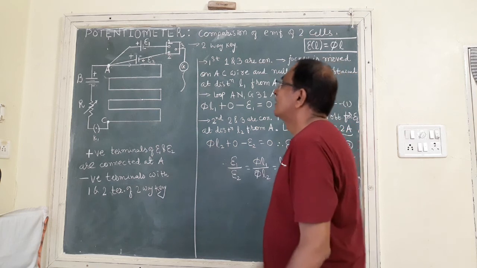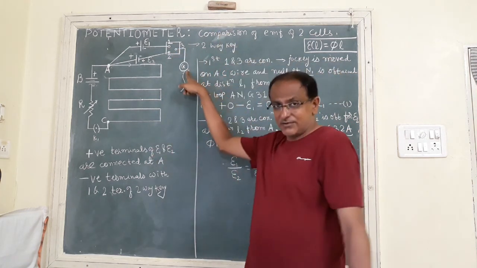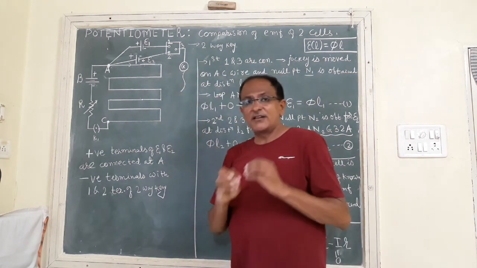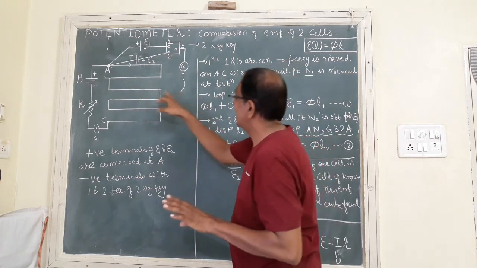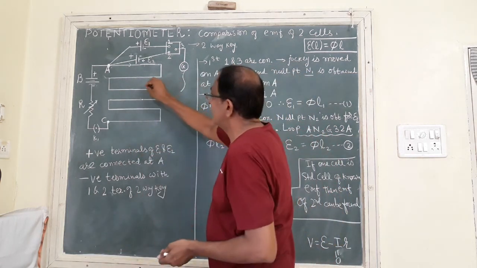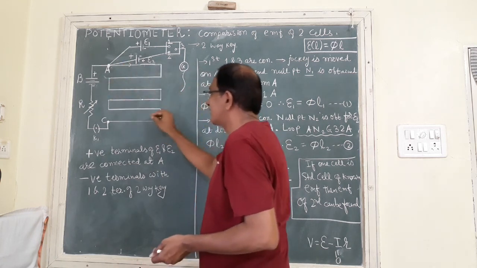The third terminal of the two-way key is connected with the galvanometer. One end of the galvanometer is kept free. You can take this end in your hand and slide it on the potentiometer wire.